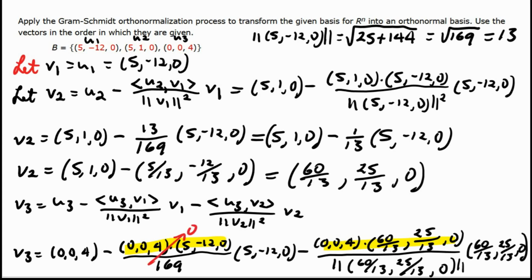So the whole thing right there is 0. Over here, 0 times 60 over 13 is 0, 0 times 25 over 13 is 0, 4 times 0 is 0. So all you have left is v sub 3 equals u sub 3, so it's (0, 0, 4).